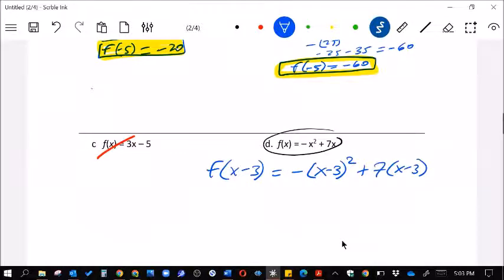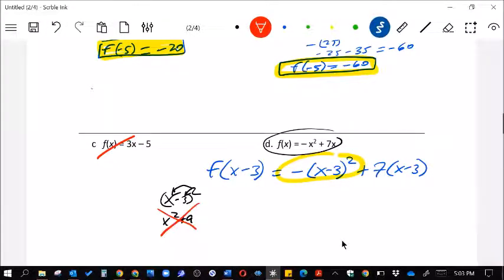So what I want to focus on is what to do here. A common mistake made that I don't want you to make is to think of x minus 3 squared as x squared plus 9. So that would be squaring the x and squaring the negative 3. But that is not correct, because what that's doing is distributive property, and you're not supposed to distribute the 2.